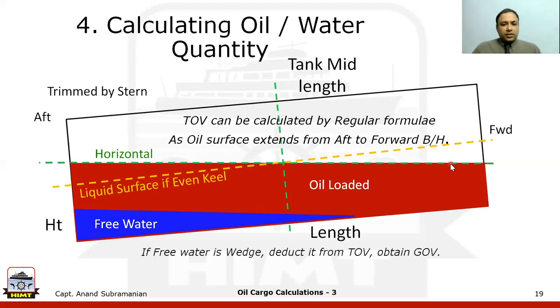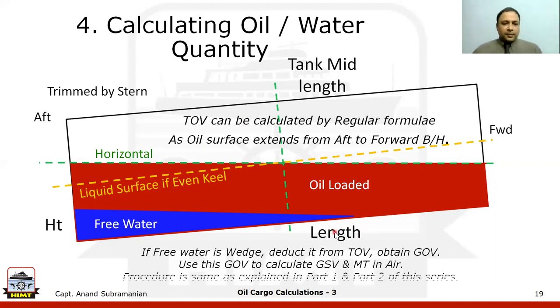Okay, if the free water is a wedge, we have to deduct it from the total observed volume and get what is called the GOV. From the GOV, we can calculate GSV and metric ton in air. The procedure of calculating this GOV to GSV and to metric ton in air is already explained in the second part of the volume, and we also saw it in the previous slide of this series.